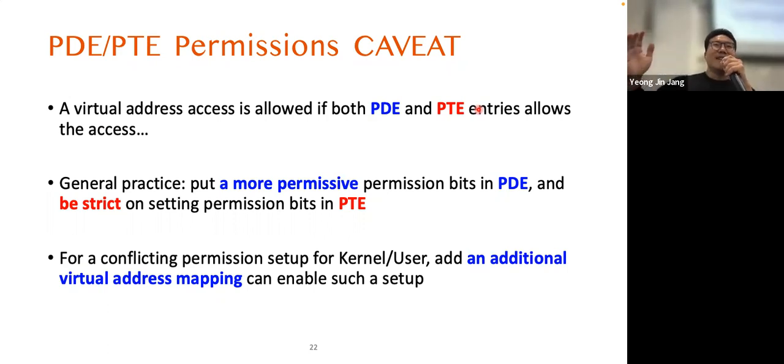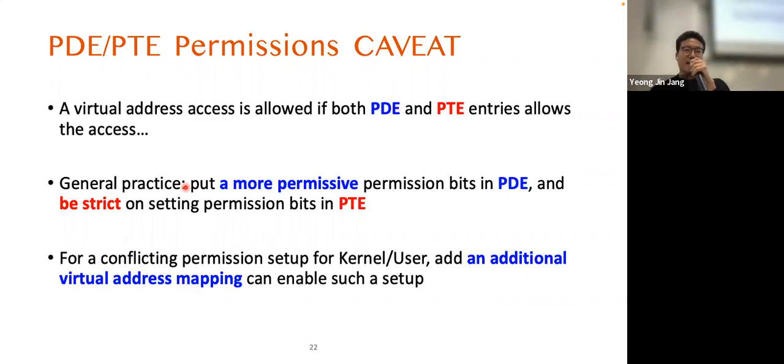So you need to make both entries have the correct permission to allow the access at the page level. The general practice is that if you remove a flag for the page directory entry, then any page table entry under that directory entry will be affected by that flag.